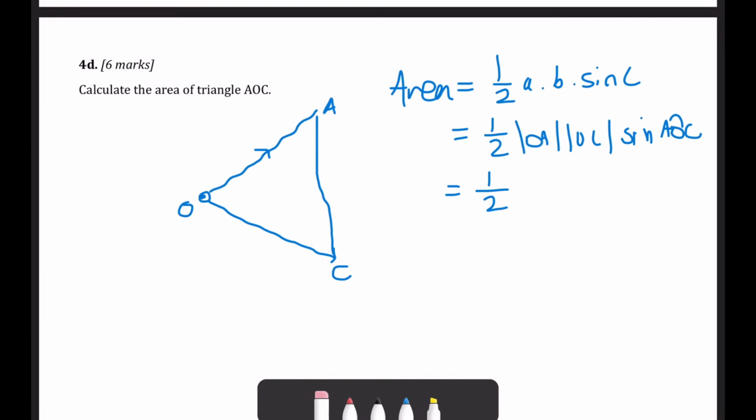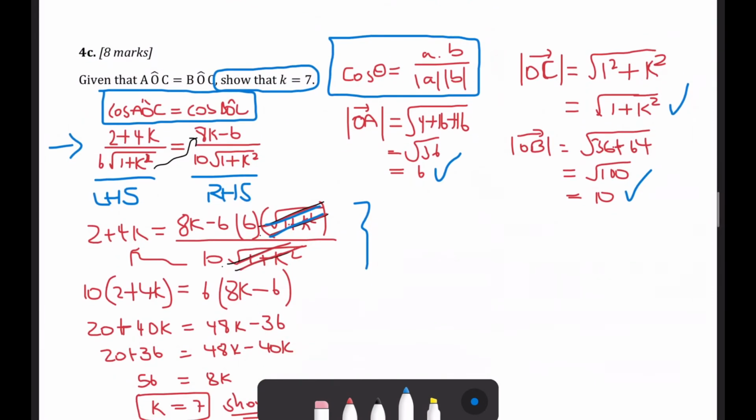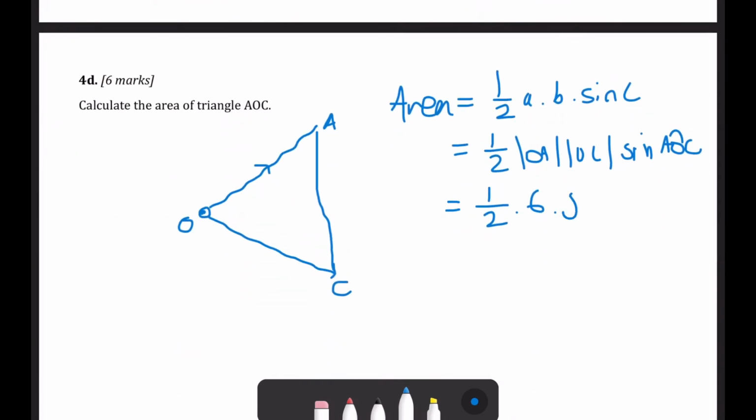So I'm just going to put that in as times 6. And we have the magnitude of OC, bearing in mind that k is 7, so it's 1 plus 49, which equals root 50. So root 50 times, and then sine AOC.